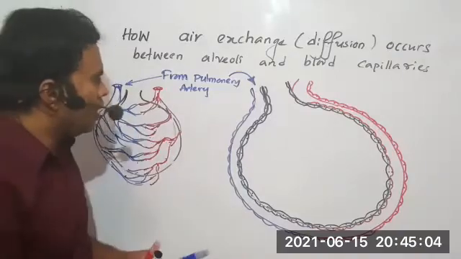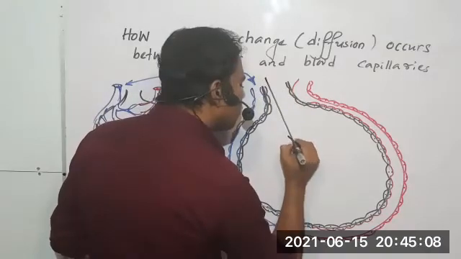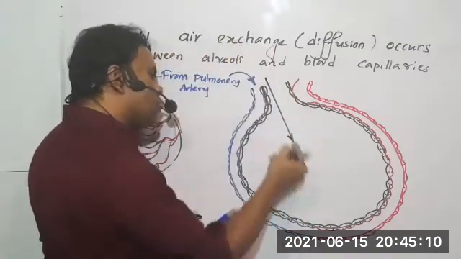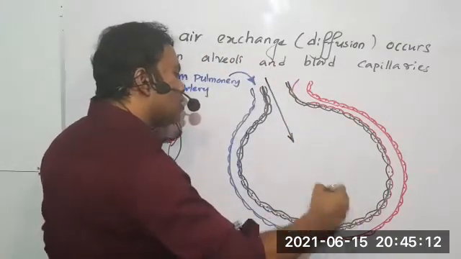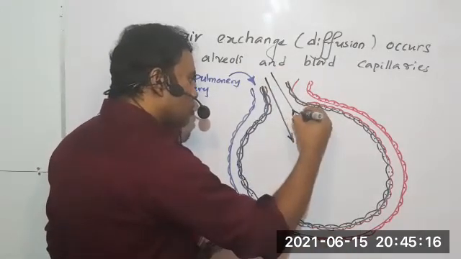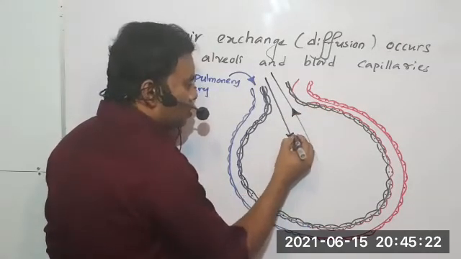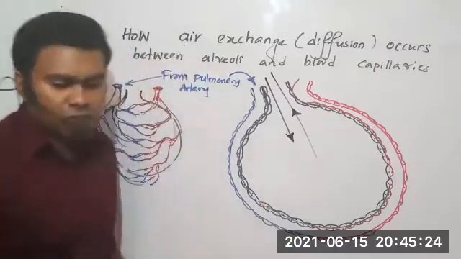Air exchange happens. So this is the inspiratory air in the process of inspiration, and what happens in the process of expiration. So we denote that with two arrows, inspiration and expiration.